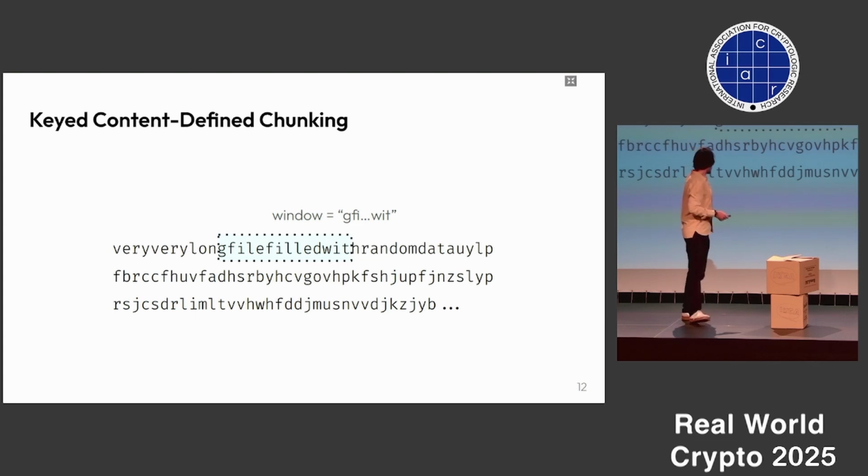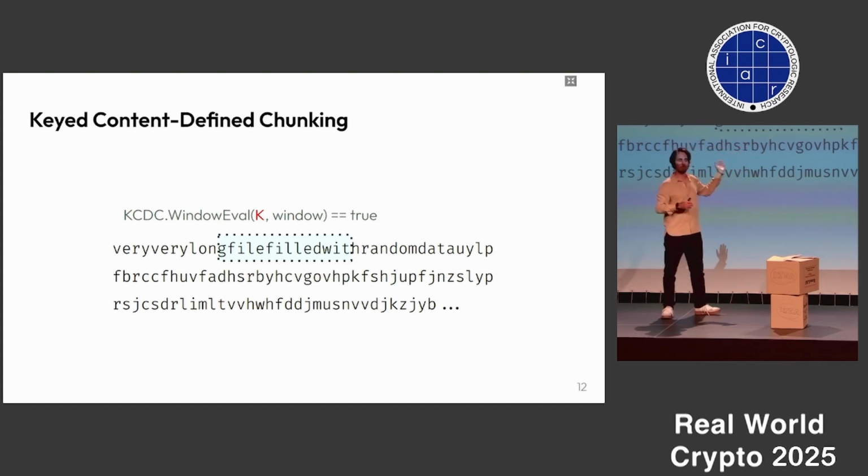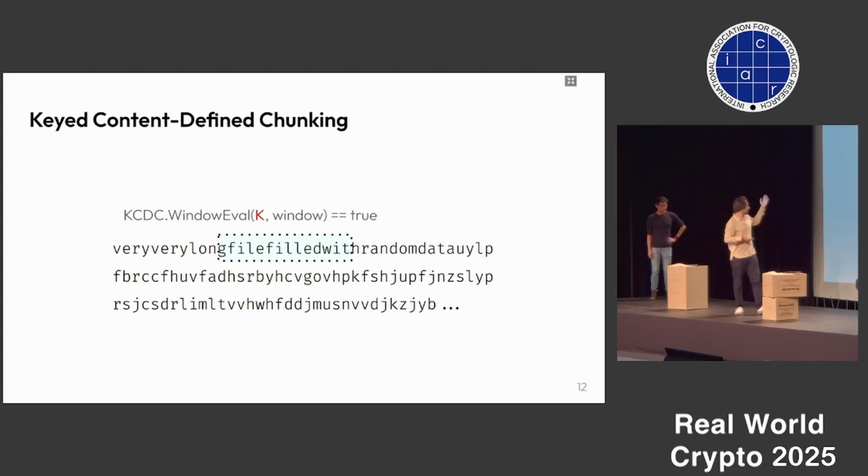And this means that more formally, we can define our predicate, what I called chunking predicate before. We call this window evaluation. It's a function that takes a key and the window as before. Now, as before, we roll this predicate, we evaluate this all over the file, and we still chunk where the window and the key make this function evaluate to true.